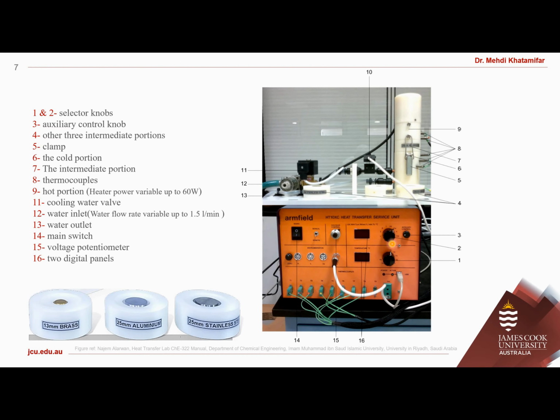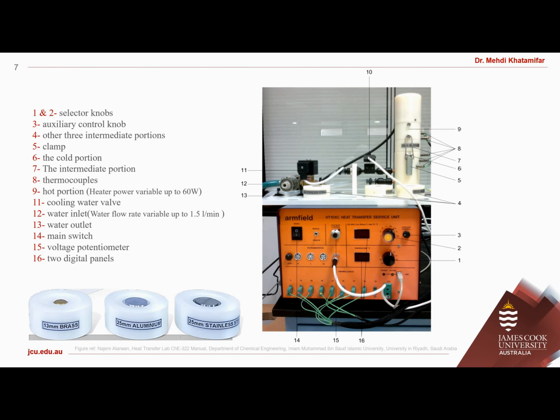To control the heater, we are going to use this knob to change the voltage of the heater, and to read the voltage, this selector knob is going to help us. By turning the knob to voltage, we can read the voltage on this monitor, and by adjusting this knob we can increase or decrease the voltage.